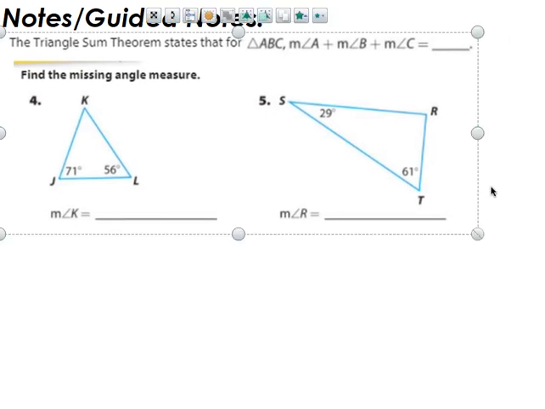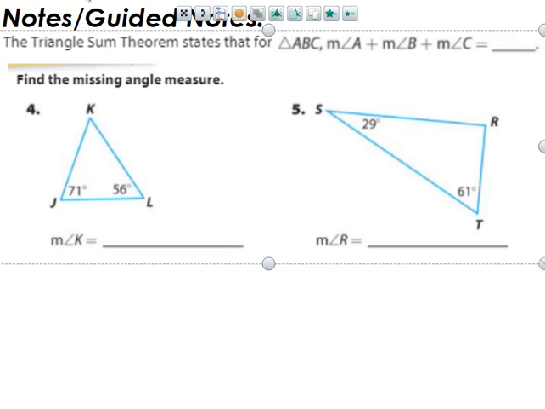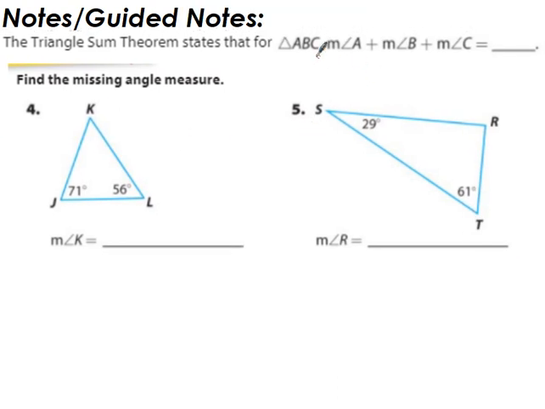We know that all three angles of a triangle add up to equal 180. So if I take triangle ABC, A plus B plus C has to equal 180. We can use this theorem to find missing angles of triangles and to solve equations as well. For example, here 71 plus 56 plus K, angle K, is going to equal 180.